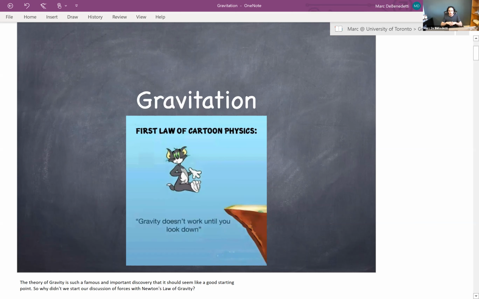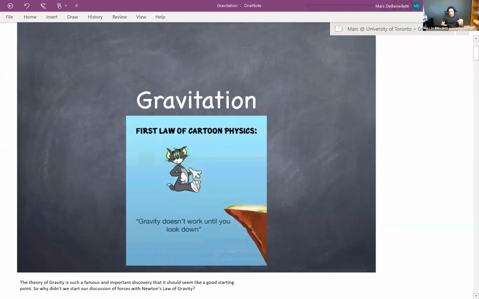Okay, welcome to the last chapter in dynamics. It's gravitation, and it's really Newton's law of gravitation that we're trying to quantify here. Gravity is so fundamental, it seems like we should have started with it, because Newton's theory of forces really stemmed from his pondering of gravity.